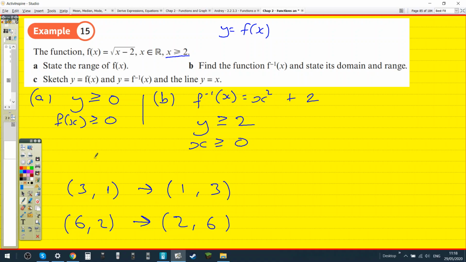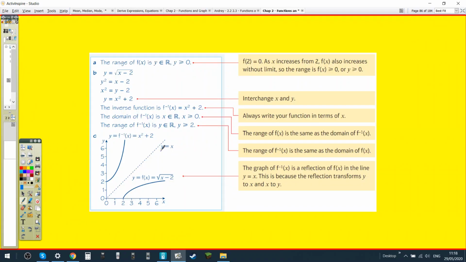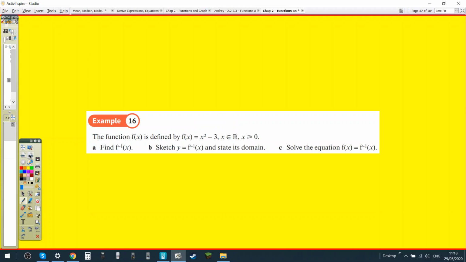Yep. And so this is the f of x, and this is the f inverse of x. It swaps the x and the y. Any questions there? No. Okay. And so they're always a reflection in the line y equals x because it swaps the x with the y. I think that's all good.